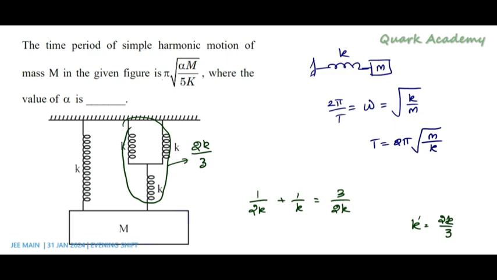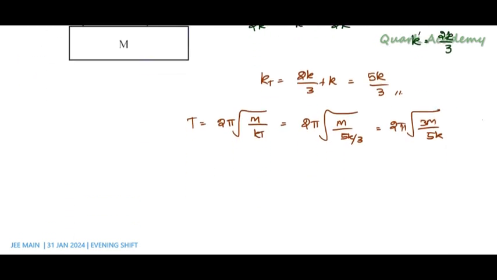So here it is pi, but here we have 2 pi. So I'll bring this 2 inside the root. It will become pi into root of 4 into 3. If I bring this 2 inside, I have to square it. 4 into 3 m by 5k, which is equal to pi root of 12 m by 5k.